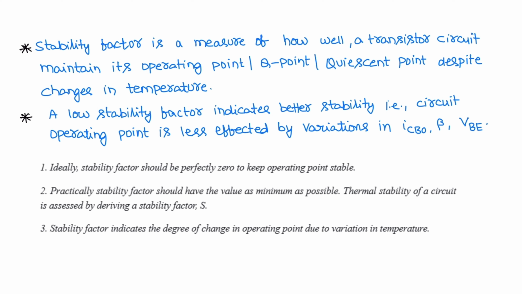Ideally, the stability factor should be zero to keep operating point stable. Practically, stability factor should be as minimum as possible. The thermal stability of circuit can be assessed by using the stability factor S. The stability factor indicates the degree of change of operating point due to variation in temperature.